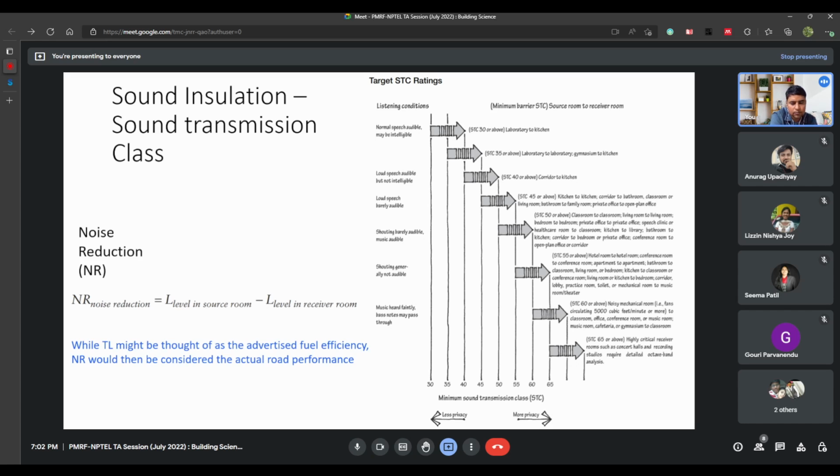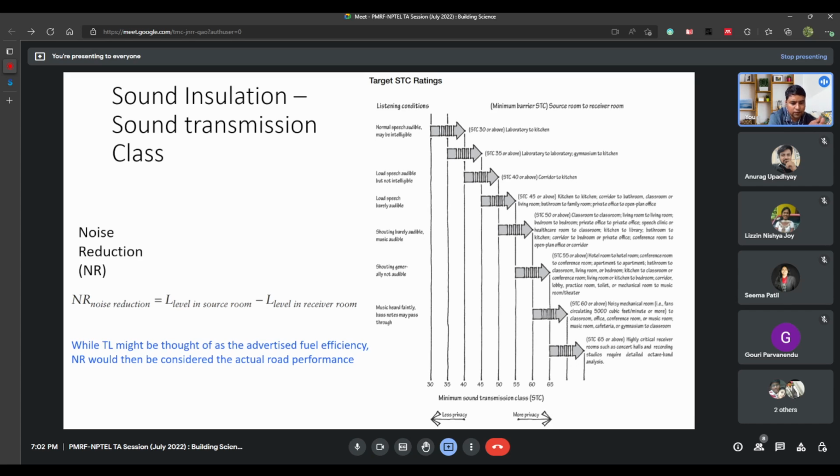Here we talk in terms of sound transmission class, where multiple sound transmission class levels are given for each particular purpose of space. The sound transmission class is basically a specification, but how do you actually measure it?